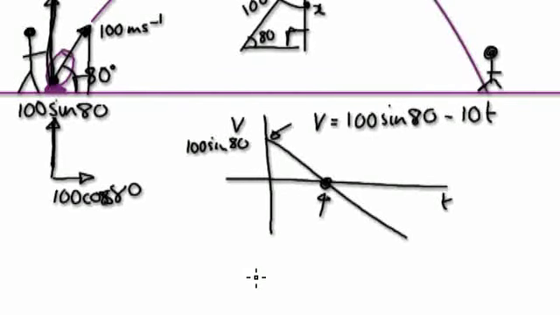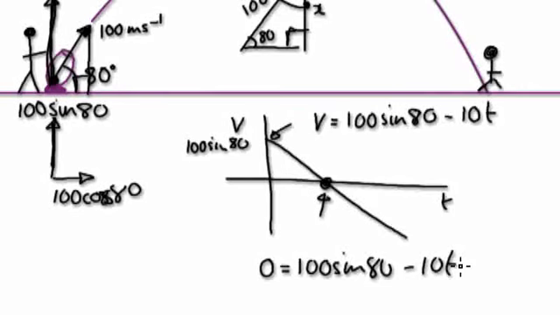So you put the 0 into the v. So 0 equals 100 sine 80 minus 10t.